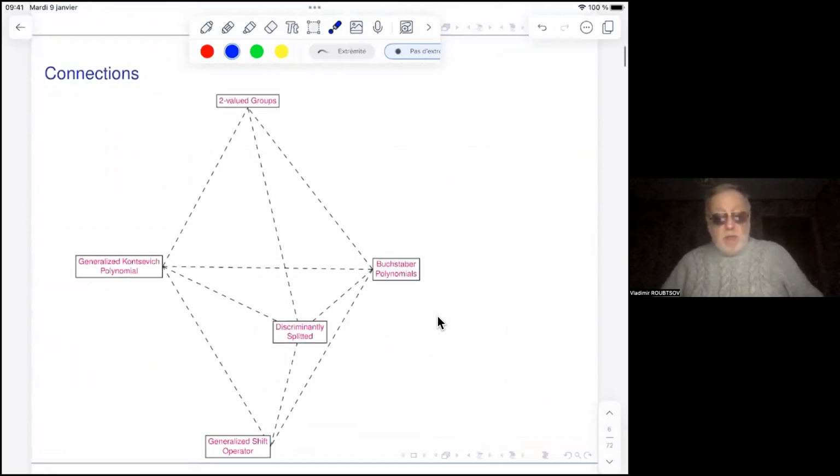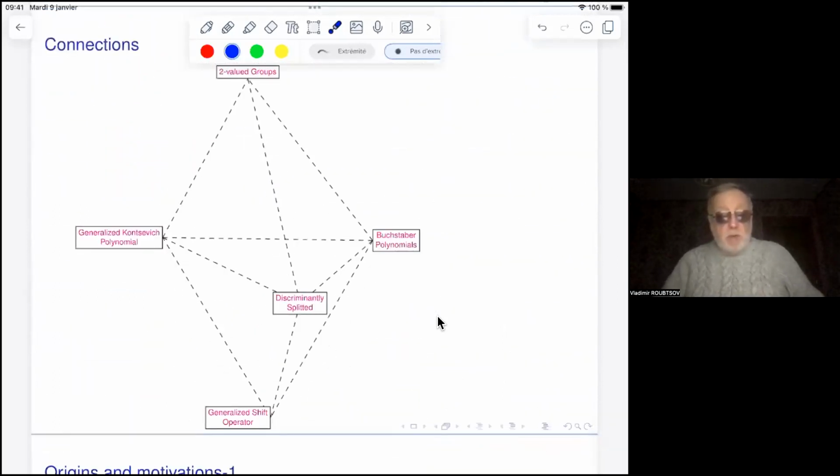So I remind that all these subjects are connected in this double tetrahedron: Kontsevich, Buchstaber. A common, very important property is that they are discriminantly split. And there are also two vertices which connect all these three families of polynomials.